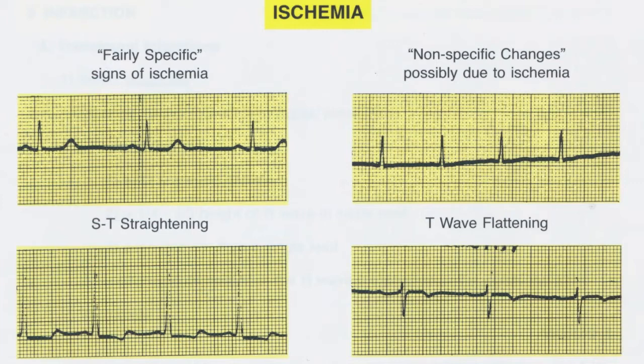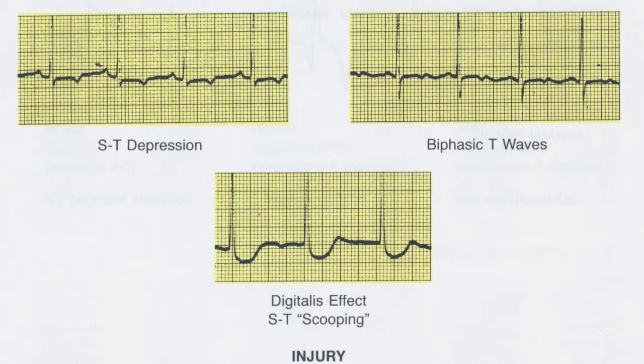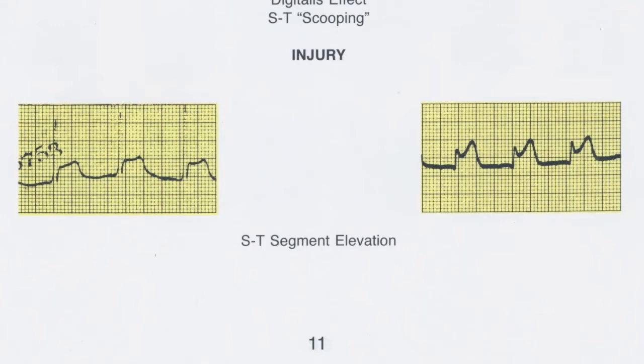If the T wave has flattening or inversion or is biphasic, that's non-specific. It could be ischemia, it could be something else. In general, ST segment depression is the standard for diagnosis of ischemia, whereas ST segment elevation is the standard for diagnosis of injury, and then eventually even infarct later. If you're looking at the PowerPoint, that's pretty much shown on there.